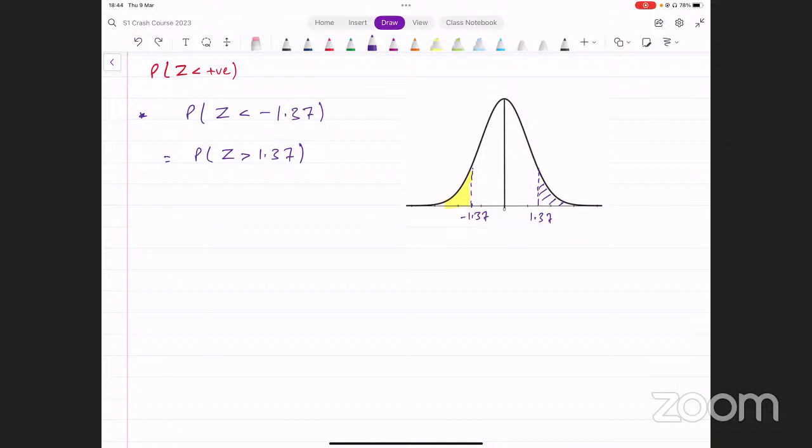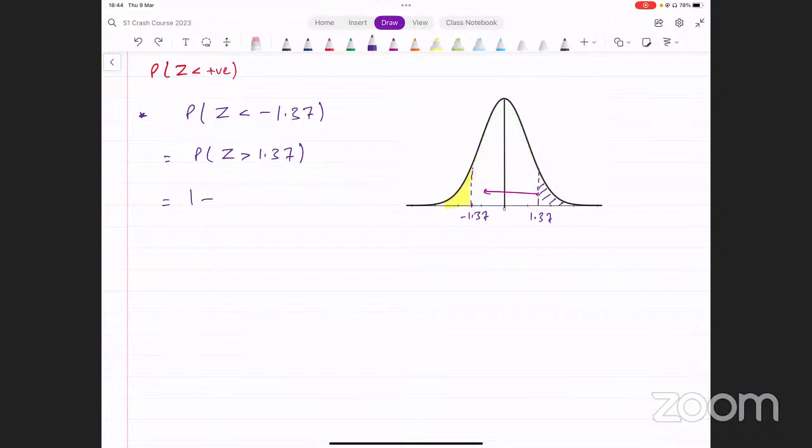We can only find the area to the left. So what we can do now is subtract from 1 this whole region to the left of 1.37, and that would leave us with this region to the right of 1.37.